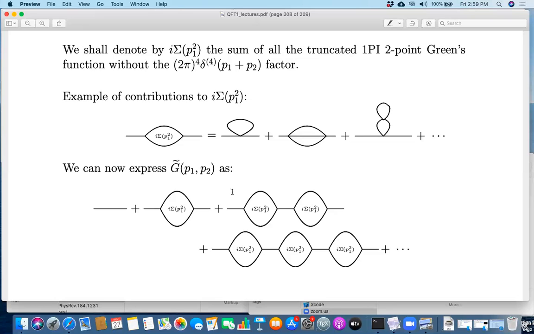So that's the general rule of thumb. There are some exceptions, but the general rule of thumb is that whenever you have a coupling constant of negative mass dimension in the theory, then the theory is not renormalizable.